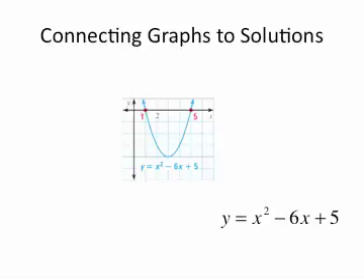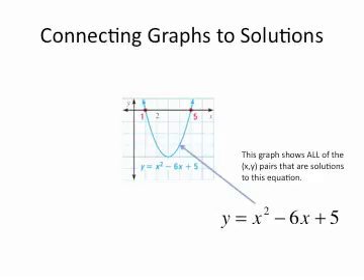Those 2 points there, right on the x-axis, if you think about the coordinates of those points, the first point is 1, 0. That means when I plug in a 1 for x, I get a 0 for y. And the second point shown in red is 5, 0. That means when I plug in a 5, I get out a 0 for y as well.